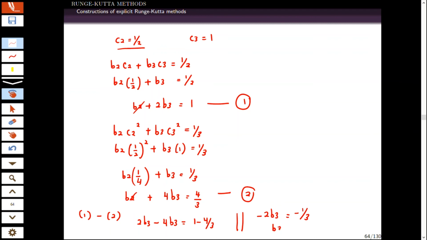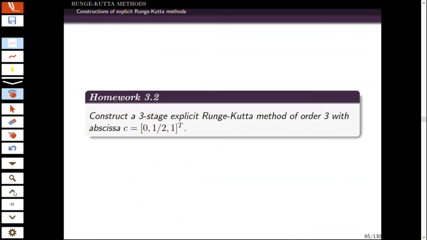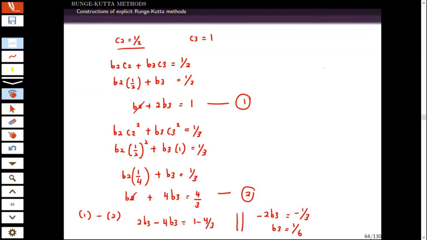So we can find B3. B3 is 1/6. Okay, that's a good sign, right? We have obtained B3, which is 1/6. So I'm just going to write it here: B3 equals 1/6. Can I find B2? Look at this condition here.